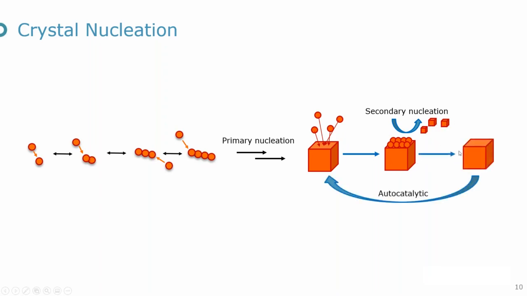After that, the surface of the crystal becomes free, and it can be used again for another round, and so on. And of course, the newly formed crystals also act as new templates for crystallization. So usually primary nucleation really starts at the beginning. Secondary nucleation takes over at some point, and usually the supersaturation in the end is depleted by secondary nucleation.